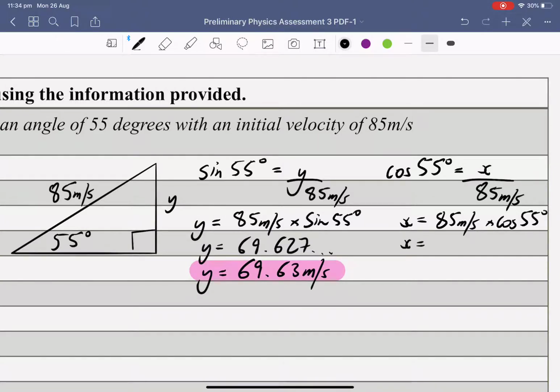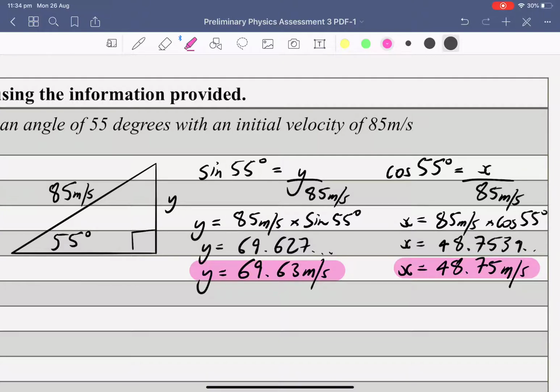Therefore, if we put 85 cos 55 in our calculator, we get 48.75399, and it goes on. Rounding this to 2 decimal places, we get 48.75 meters per second. So there we go, we've calculated our horizontal and our vertical velocities.